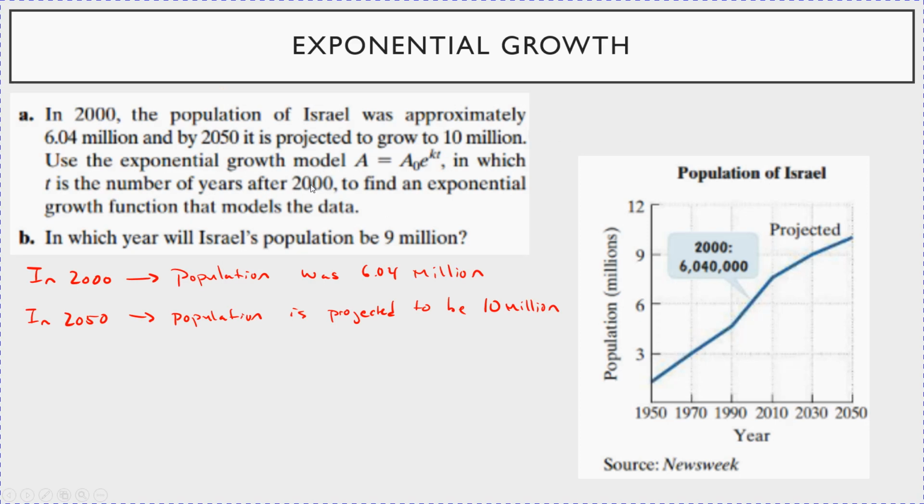Do we know what Israel's population was in 2000? Yes, it was 6.04 million people. We know t is going to be years after 2000. What we need to find then, using some tricky math, is k, the growth rate.